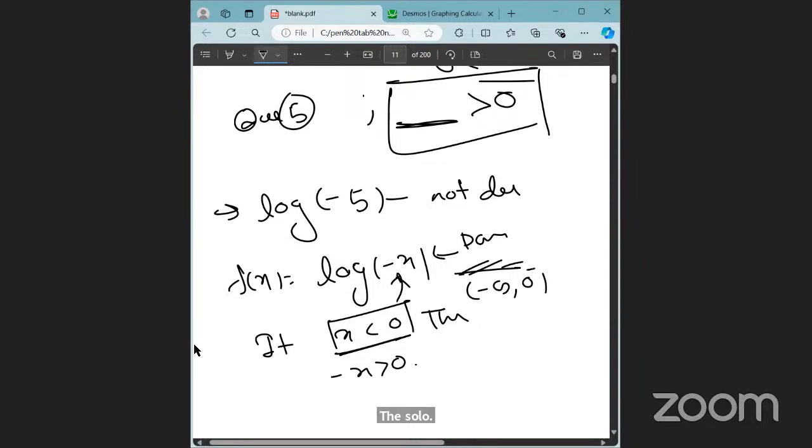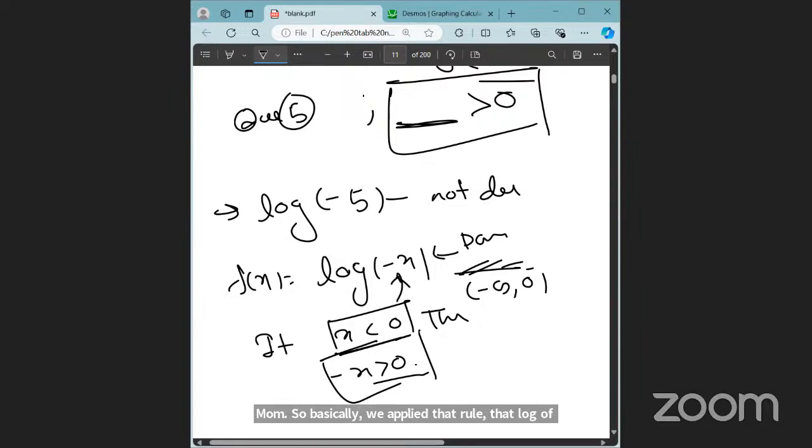That's how you have to interpret. Ma'am, so basically we apply the rule that for log of anything, let's say log of x, we need to check the domain of x. Right, you just have to find all those values of x for which the condition strictly greater than 0 holds. That's it. Okay, ma'am.